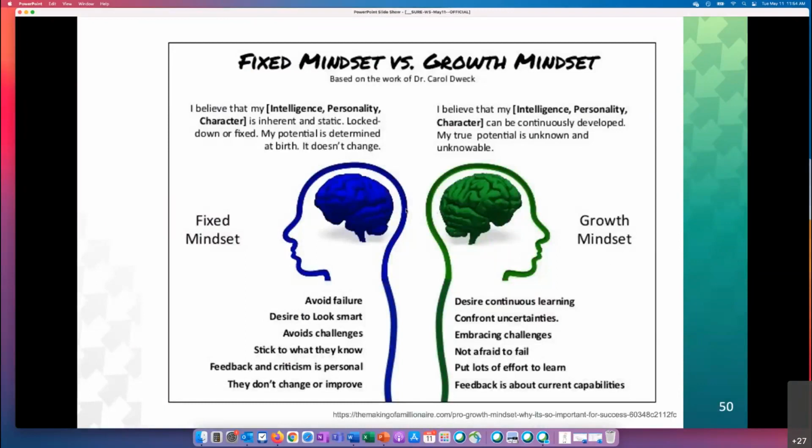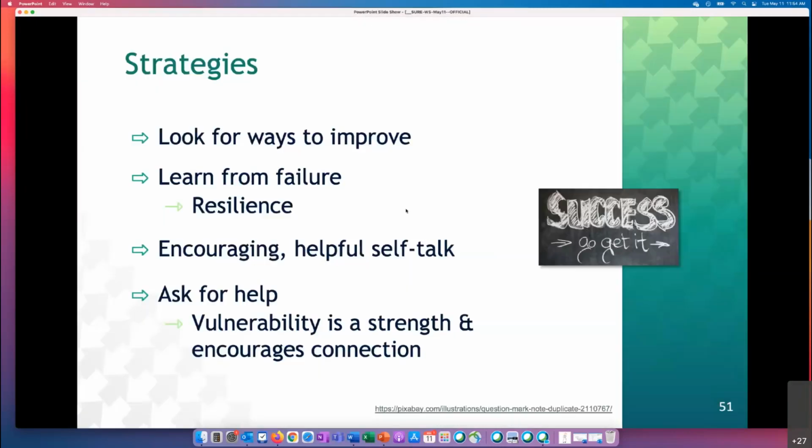And of course, on the other one, effort is good. Learning from someone else is good. The feedback I get can improve me. Those are kind of the different approaches. And those with a growth mindset tend to do much better in terms of learning and other aspects. Looking for ways to improve, recovering from failure. Those are some other examples.